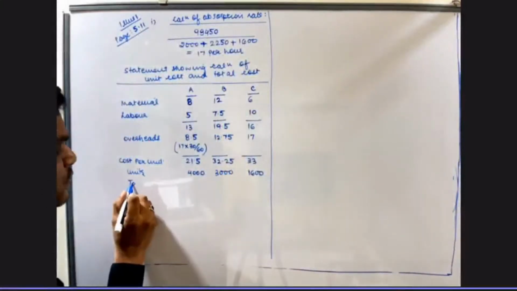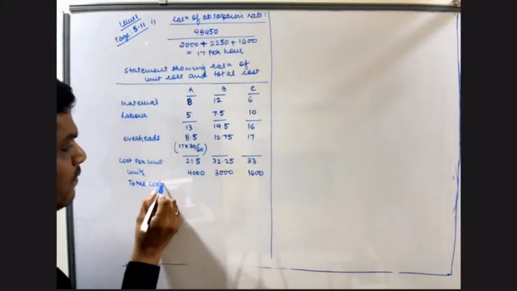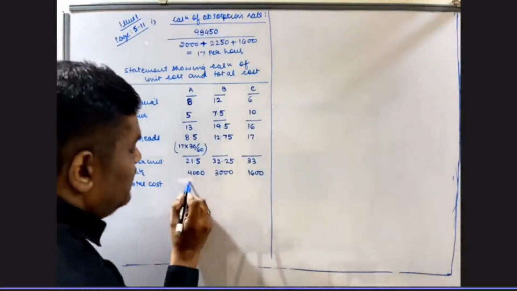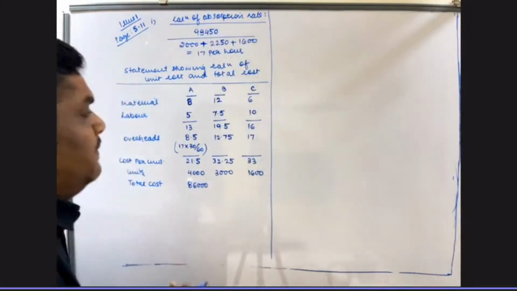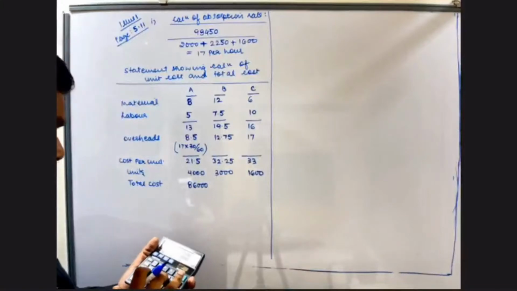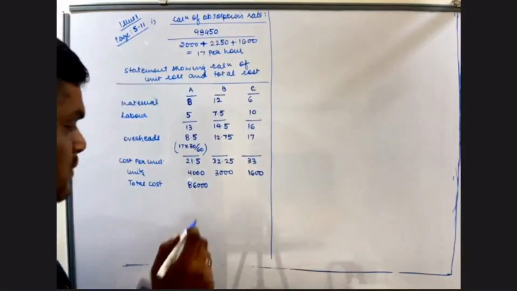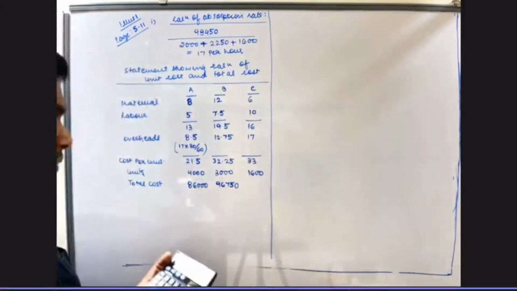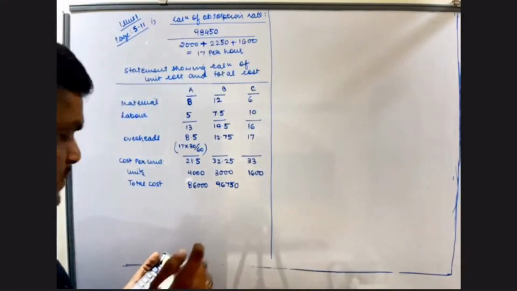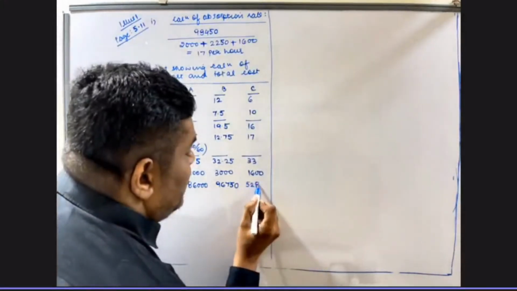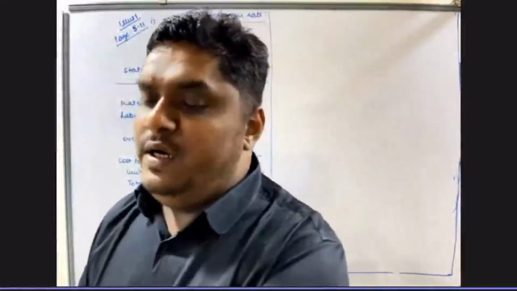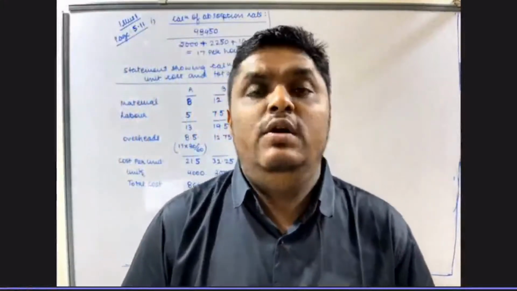Therefore, my total cost will be 86,000 to manufacture A, 96,750 to manufacture B, and 52,800 to manufacture C. So this is how we'll approach the solution if the question is asking us to calculate the total cost using the traditional method or absorption costing.